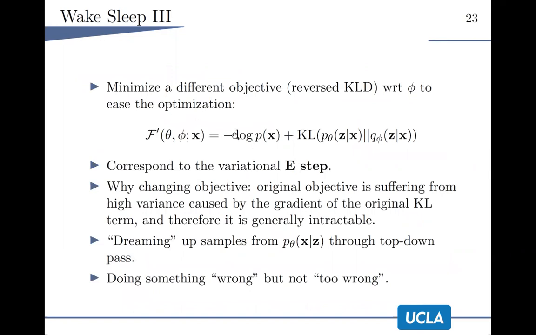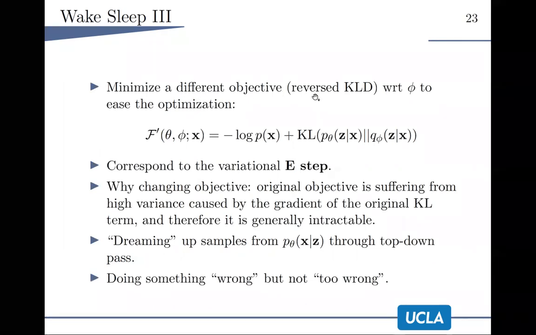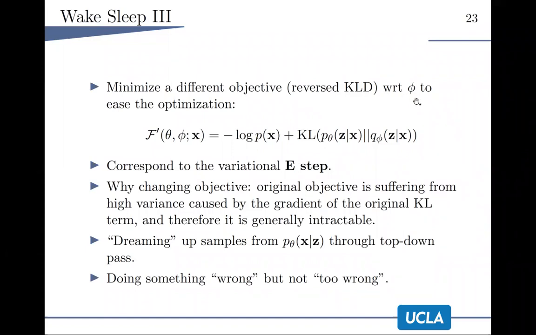We actually use a different objective, which is called a reversed KLD with respect to phi, for the optimization, and let's call it F. The part that is changed is the KL, and this step generally corresponds to the variational E step.